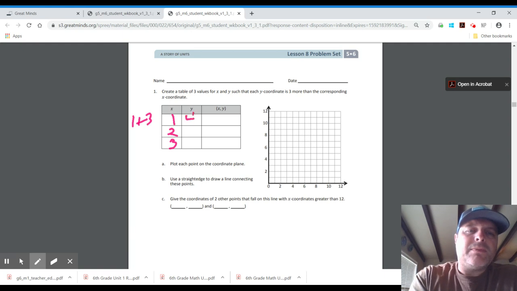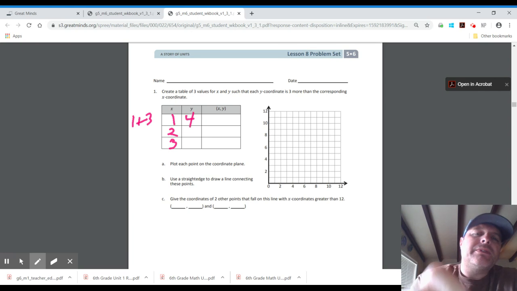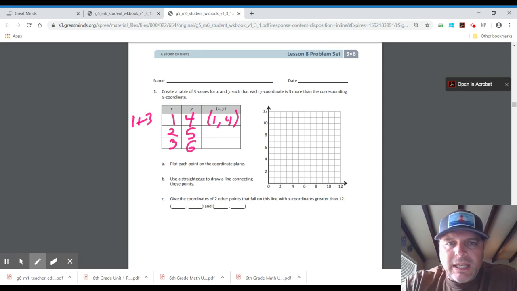So y would be 4. The next one, we're going to do 2 plus 3, and that's going to be 5. And 3 plus 3 is 6. So that's what they mean. And if we do x comma y, you're just going to rewrite it as 1 comma 4 and put parentheses. That's how you write a coordinate.